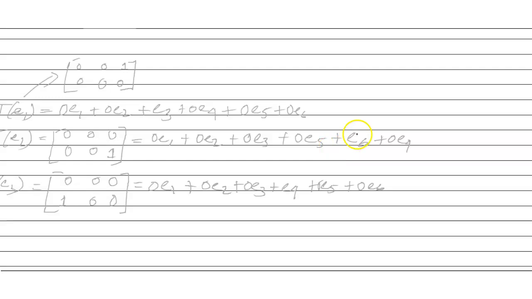So similarly I can get, so friends, this is the column vector of the matrix. This portion is the column vector of the matrix.